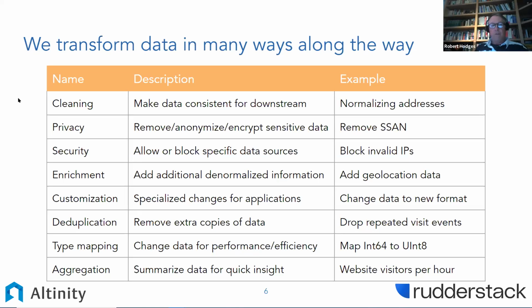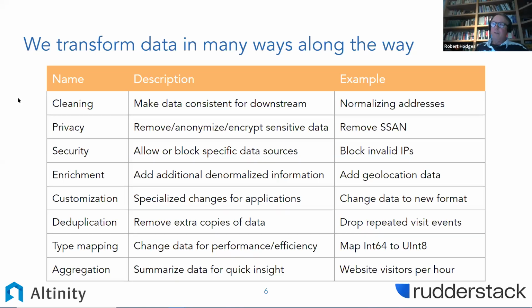This goes through privacy, security, enrichment, all the way down to aggregation, where you may be summarizing data in order to allow very, very quick insight. And we'll give a specific example of this type of aggregation in just a few minutes.